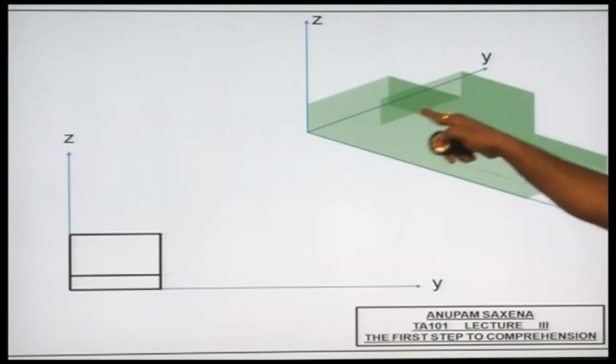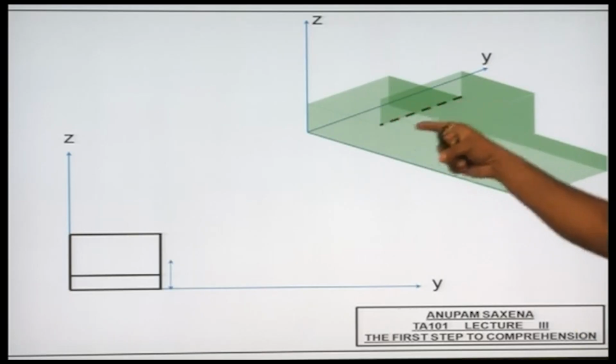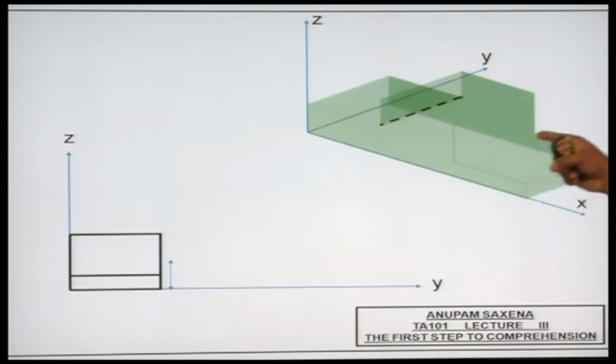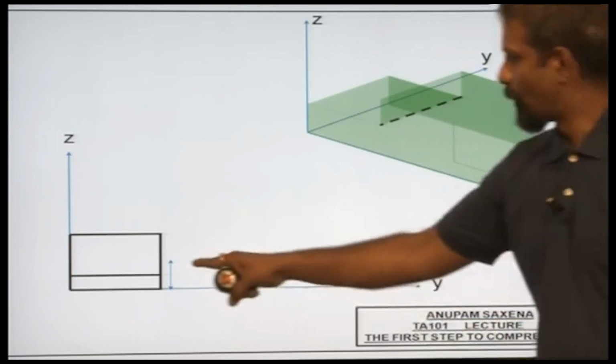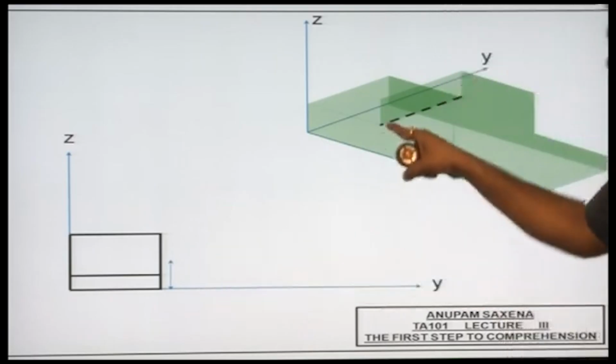Would you be seeing this edge? Looks like you would be. And this edge would be at some height different from this edge. Okay. So we already have captured this edge here. Now this height is different.